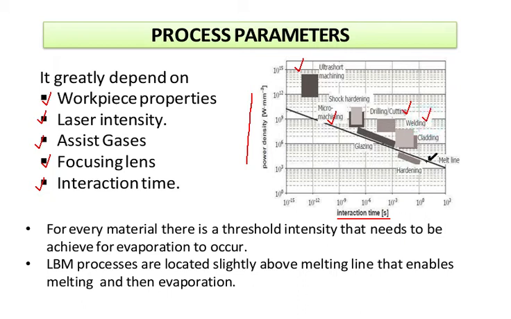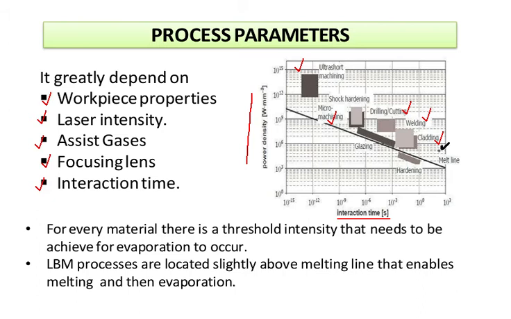For welding, you have to increase the time and implement a little less power density than you prefer for drilling and cutting. And for cladding, your interaction time is increased, but your power density is decreased.